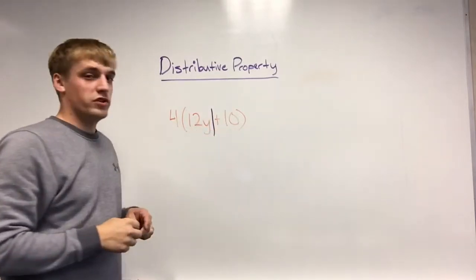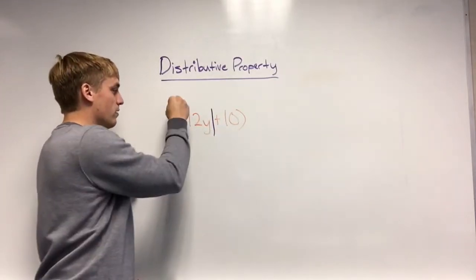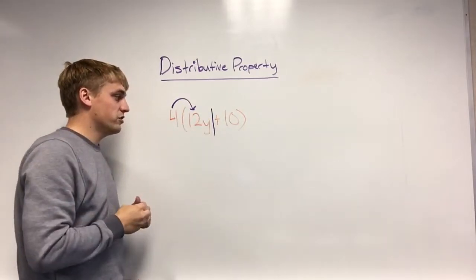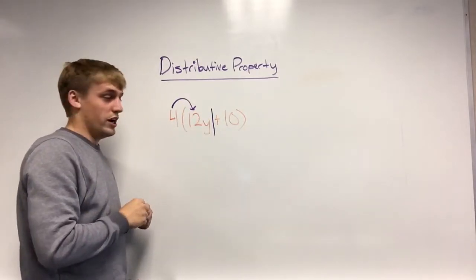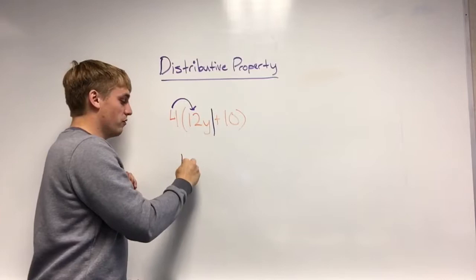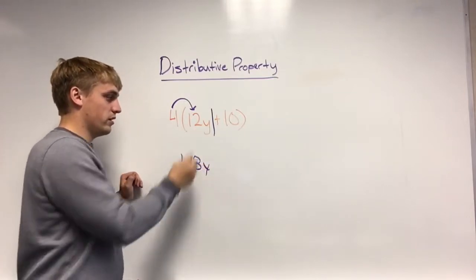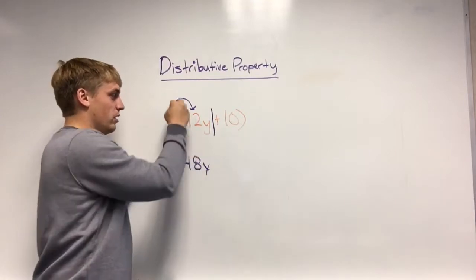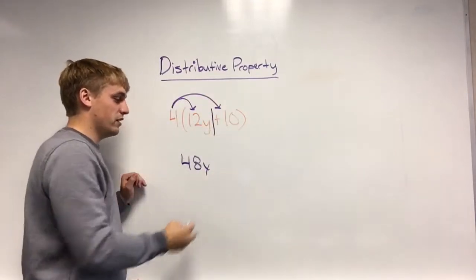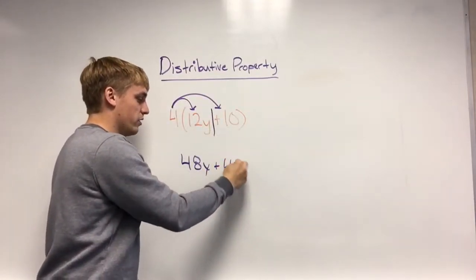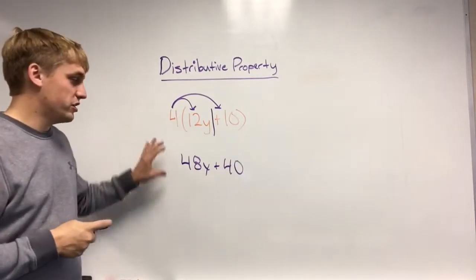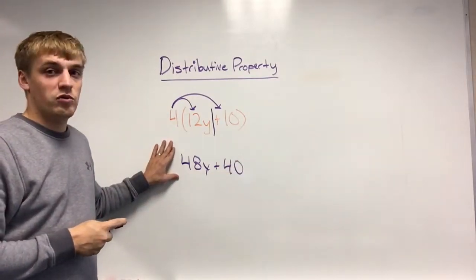Inside the parentheses, split the terms up. 4 is distributed to the 12y. 4 times 12 is 48. The y comes down. 4 times 10 is 40. So the simplified expression is 48y plus 40.